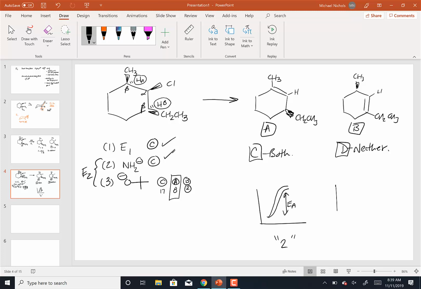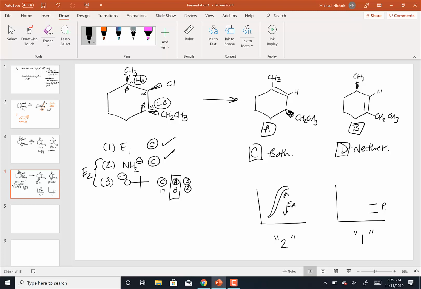On the other hand, a 1 mechanism always is based on the stability of the final product. And in that case, it must be that the activation energies are very, very similar. Although you could invoke Hammond's postulate for those kinds of reactions.